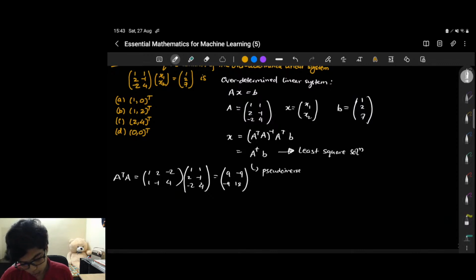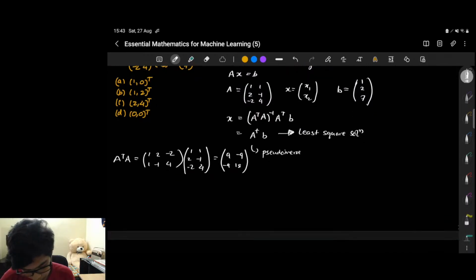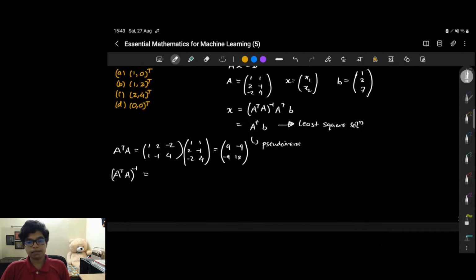This is the following 2 cross 2 matrix. So inverse would be, as I mentioned earlier, for a 2 cross 2 square matrix, the inverse is very simple. You take the determinant. So 1 over determinant. Determinant is 9 into 18 minus 9 into 9, which is 81.